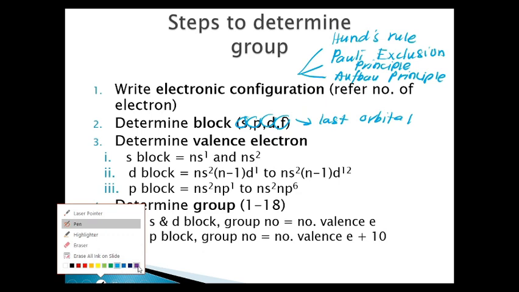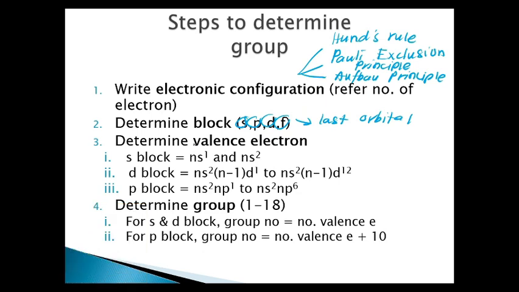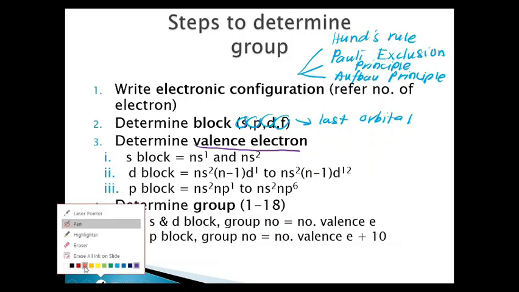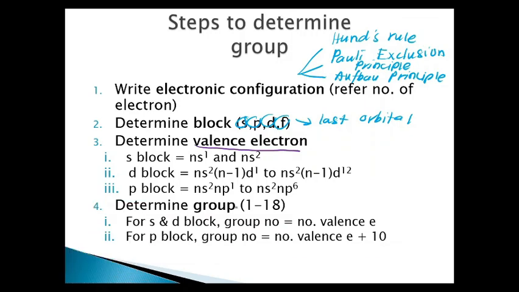Step 3 is to determine the valence electron. Please don't get confused between valence electron and outer electron. The last step, step 4, is to determine the group. For S and D block, the group number is equal to the number of valence electrons.